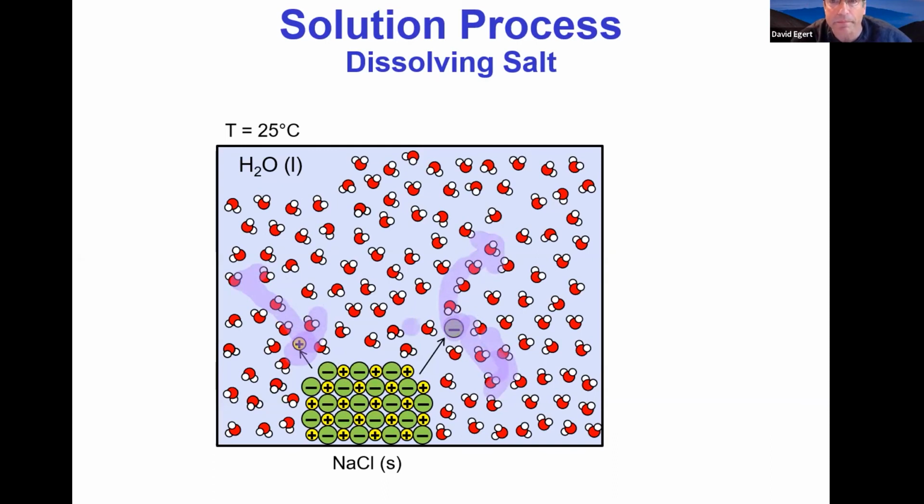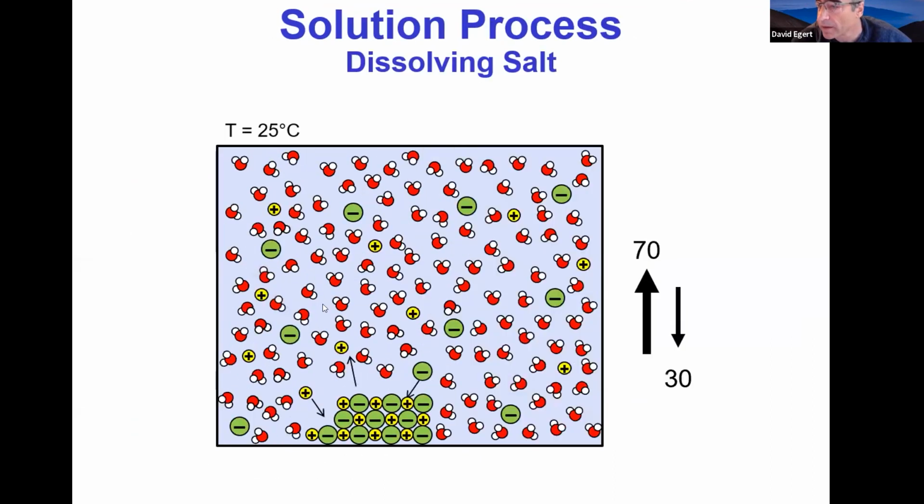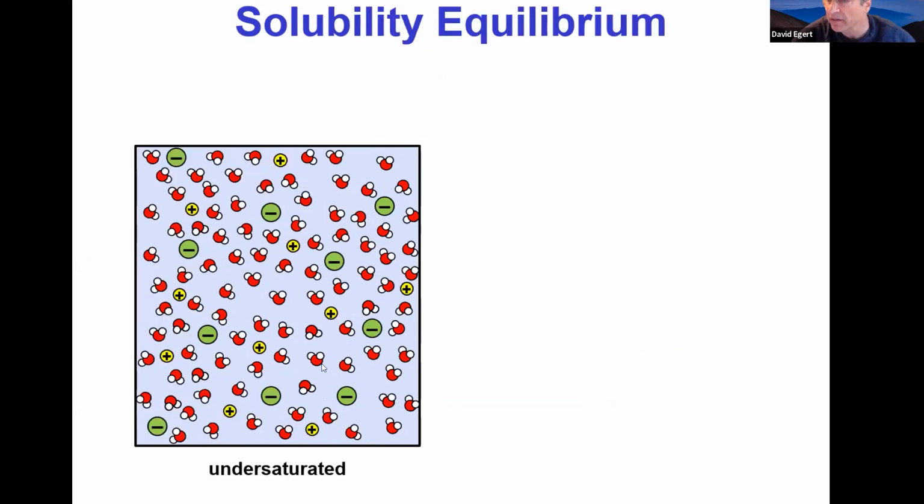And so here you can see more and more of this disassembling of the crystal lattice until ultimately you just have ions, anions and cations, independently finding their way dissolved in the water.